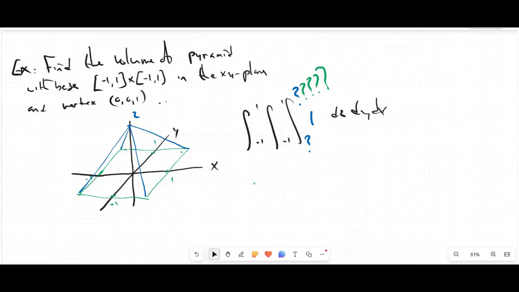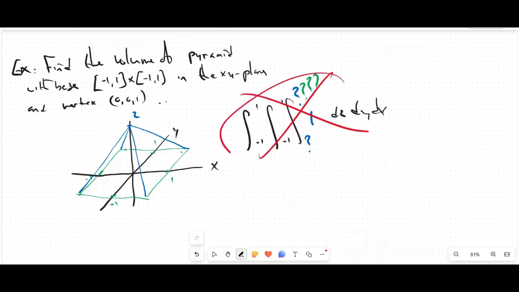It has 4 pieces. So you would have to break the domain into 4 pieces, 1, 2, 3, 4, and do a separate integral over each one of those for the different top pieces of the pyramid. We don't want to do that. We don't want that.